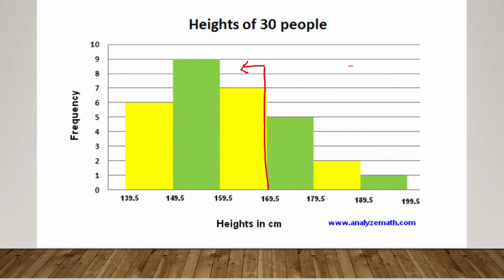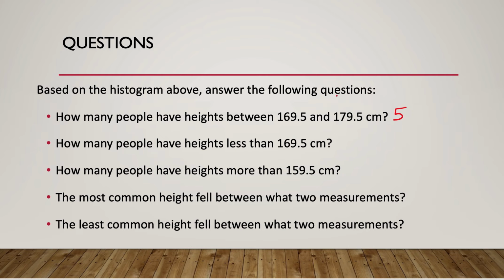So I have 3 bars that I want to consider. The first bar has a height of 6, the second bar has a height of 9, and the third bar has a height of 7. So if I want to know how many people have heights of 169.5 or less, I'm going to add those 3 numbers up. 6 plus 9 plus 7 gives me 22. So we'll go back to our question and put 22 for our answer.